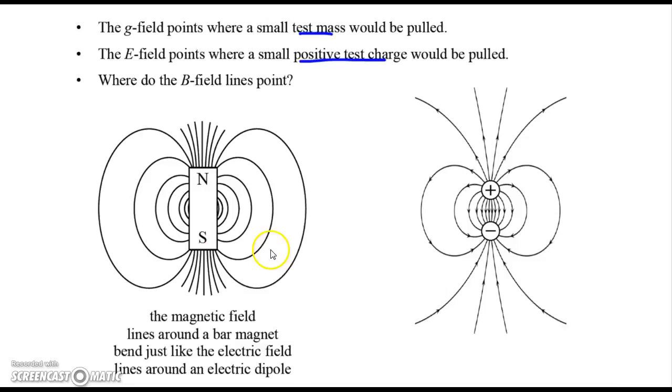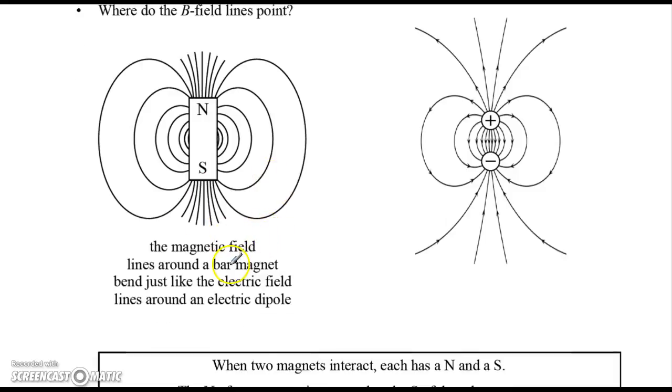We're going to make an analogy. The magnetic field lines, when you have a bar magnet like this with a north pole here and a south pole there, bend exactly as you have when you put a positive charge near a negative charge. So this bending shape is the exact same as this over here.